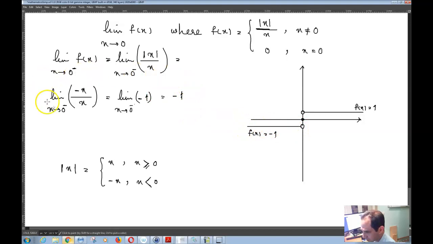And you see basically how beautifully this limit is giving me the value of the function for all of these x's.